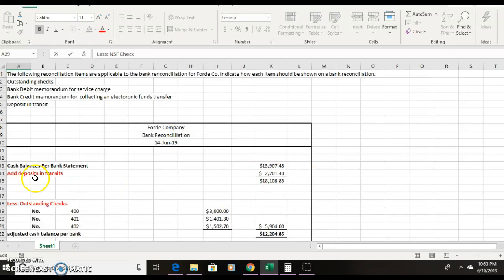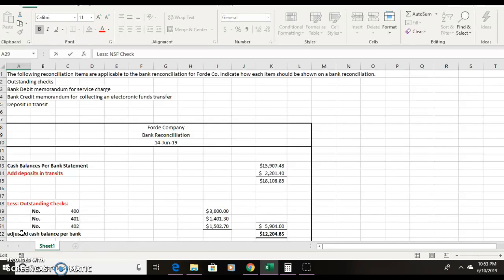Then we add deposits in transit, and this is our total, $2,201.40, and that brought us to a total of $18,108.85. And then we subtract the outstanding checks that are in transit.